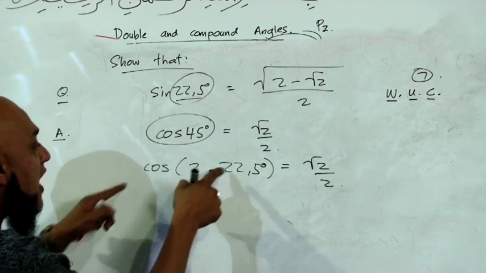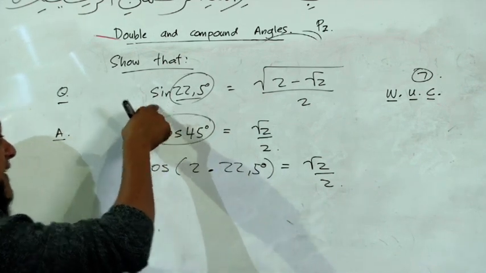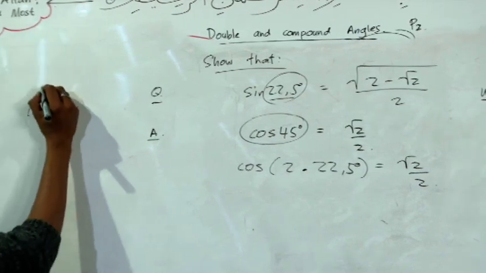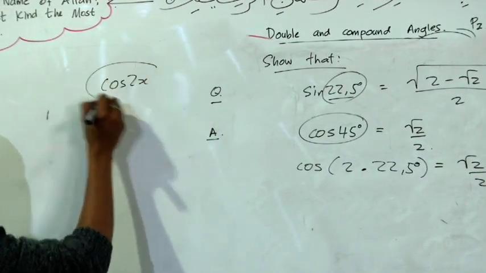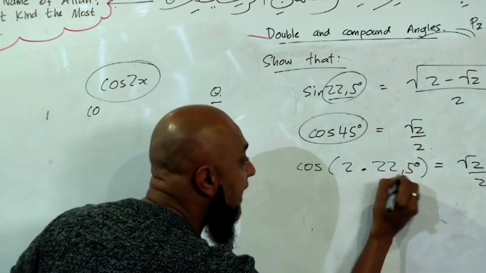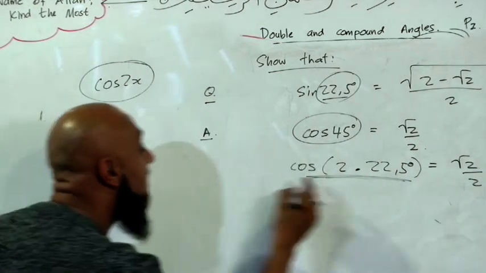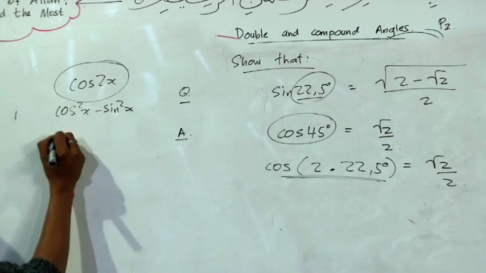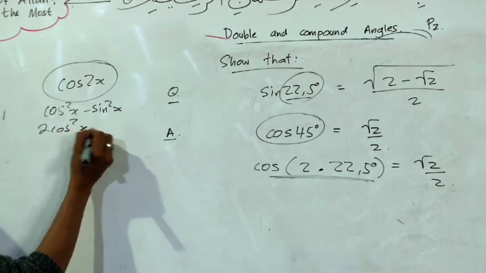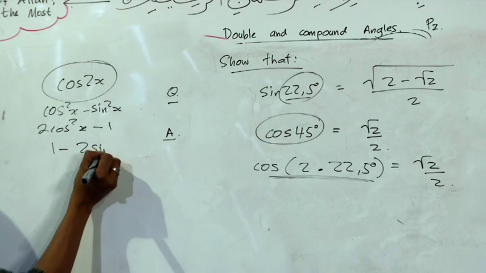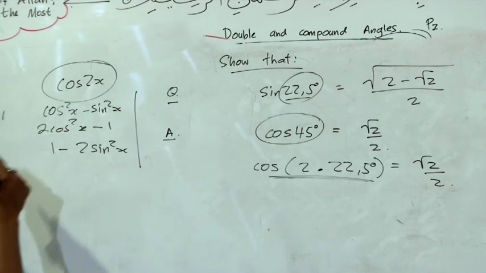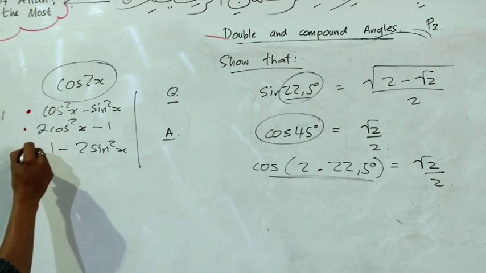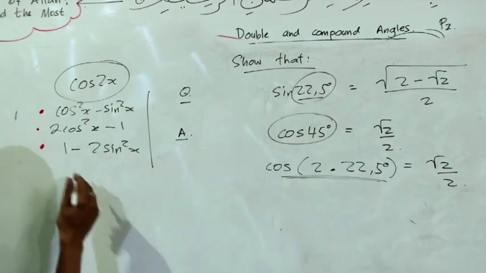Now which of your cos formulas only have a sine? Remember, cos has got 3 formulas. It's got cos of a double angle, cos 2x, that's your double angle. It's got 3 formulas: cos squared x minus sine squared x, 2 cos squared x minus 1, and 1 minus 2 sine squared x. Which of these three only has a sine in it?